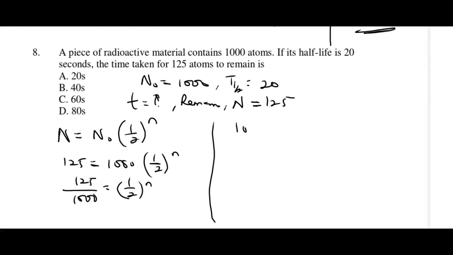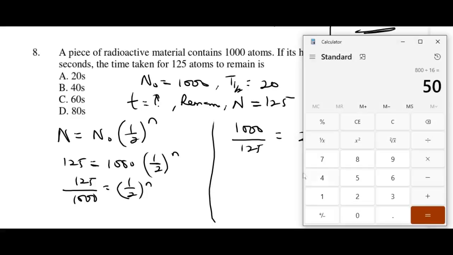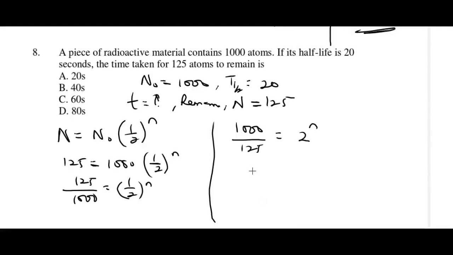I can swap this to become 1000 over 125 equals 2 raised to the power n. And 1000 over 125, that is 1000 divided by 125, is 8. So 8 is the same thing as 2 to the power of 3, which is 2 to the power of n. n equals 3.